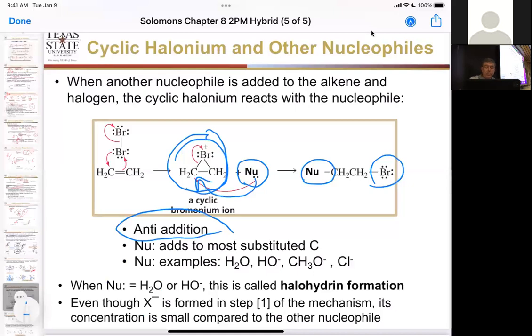So we can get both of those. So this forms an ether. These form an alcohol. But look, we can also put in a large amount of another nucleophile there. And so we can actually get a bromochloro compound. And that's the best way to start getting chiral materials, is to do a separate reaction.